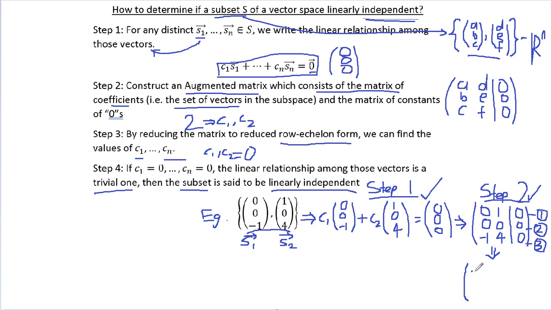So it's minus 1, 4, 0, then 0, 0, 0, then 0, 1, 0.